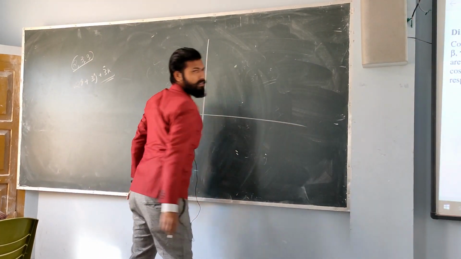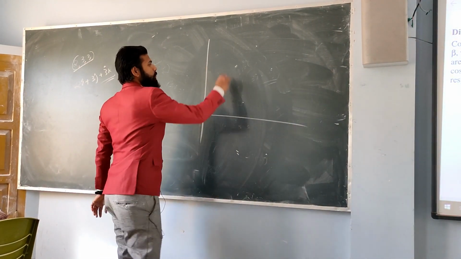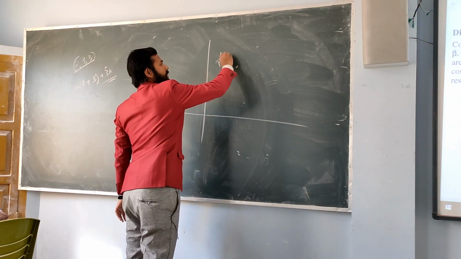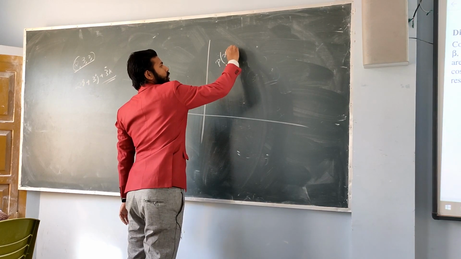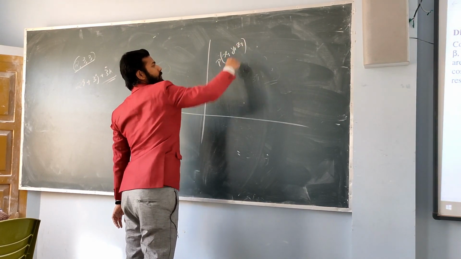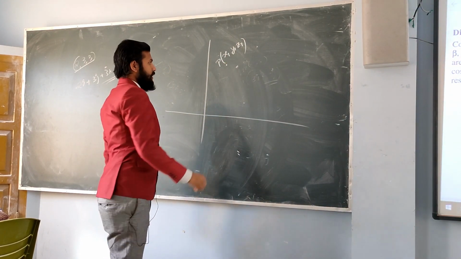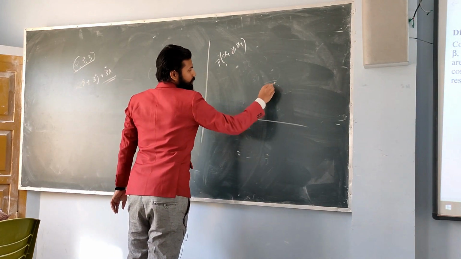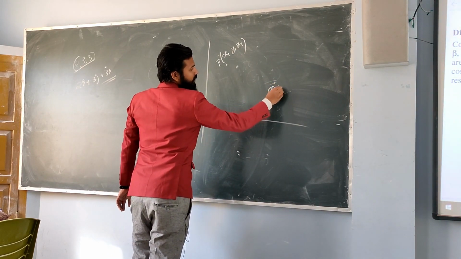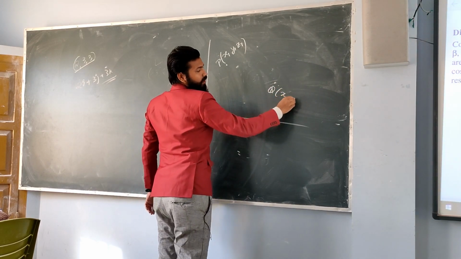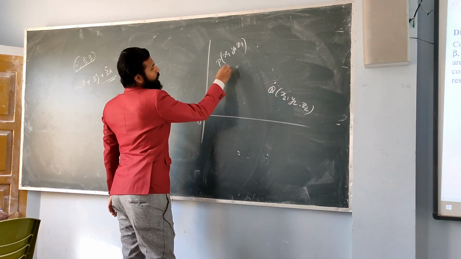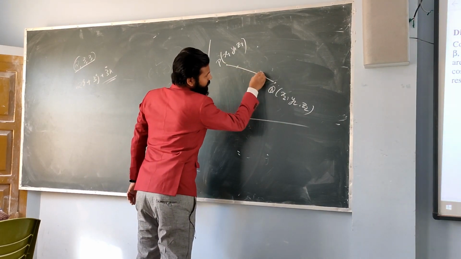In a Cartesian plane, here is a point P. It has coordinates x1, y1, and z1. There is one more point, point Q. It has x2, y2, z2. I want to find this vector, PQ vector.